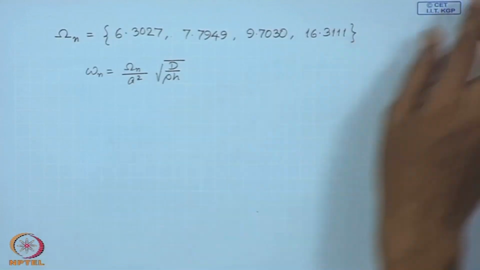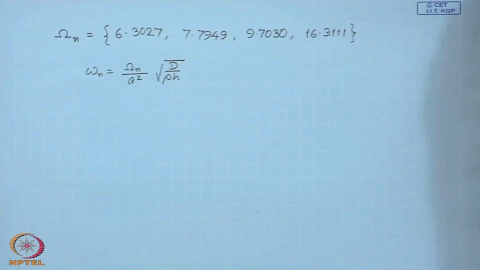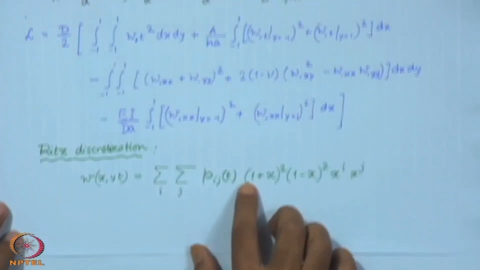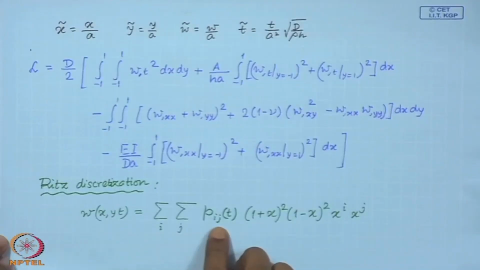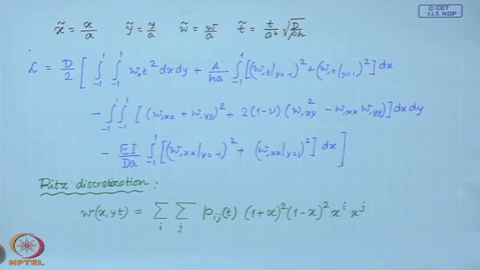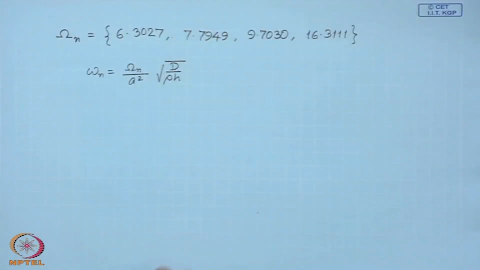Now, once you have the eigenfunctions, which are obtained once again from this expansion by calculating the eigenvectors of the discretized system, you can determine the modes of vibration of the plate.